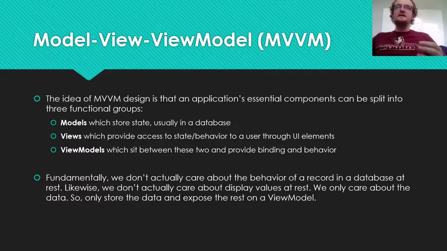What you're trying to do is use the least amount of data and the least amount of behavior that you can to maximize the efficiency of data transfer between our furthest away server, the database or the application server, to the local machine that the user is actually using. So the least amount of data that you can hold around, the least amount of behavior that you can cart around with your classes, the better off you're going to be in terms of performance, but also it's going to be less code to maintain, and your entire application is going to be much more stable.